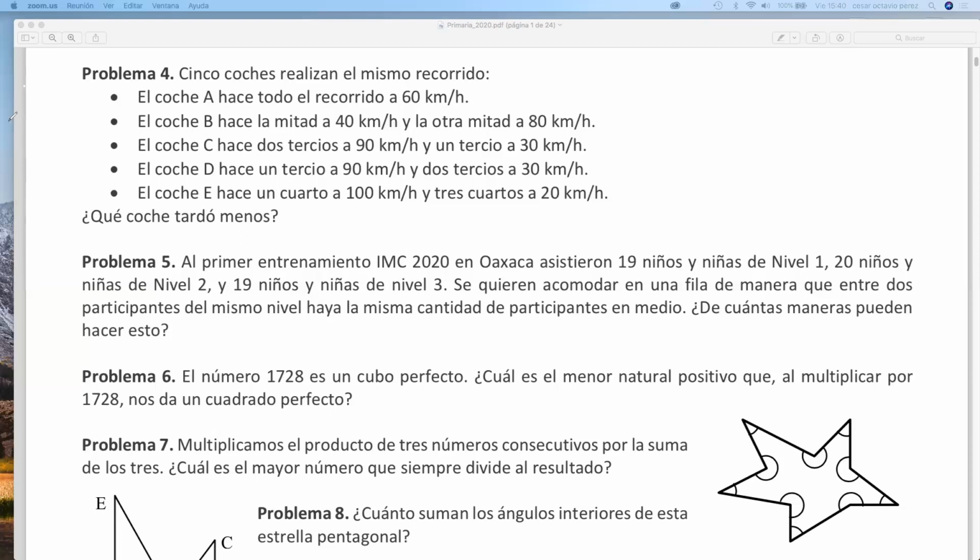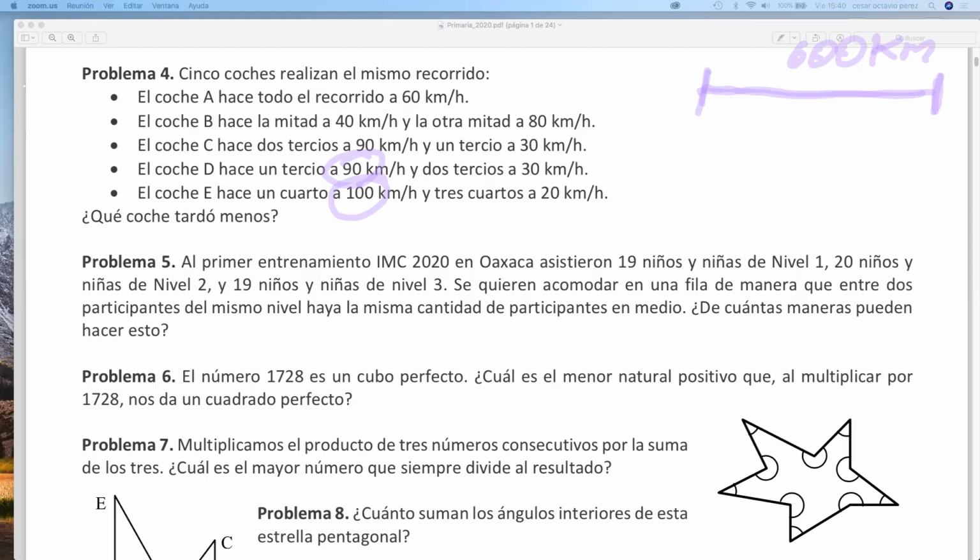For example, I will use 600 kilometers, because 600 is a multiple of 100, but no, it's not a multiple of 90.